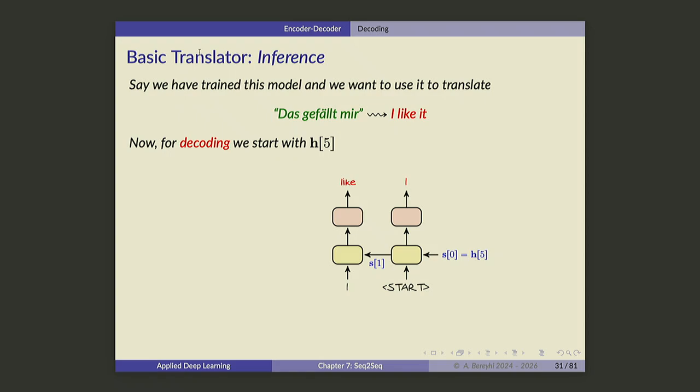Then again, the RNN would tell itself, okay, I already have said I, and I want to explain that I find something nice, so the next word is probably like. So I'm going to say I like. Make sense? Now, the next time you're going to give this hidden state, and this hidden state S2 is capturing the information inside the German sentence, so you still know what you're talking about.